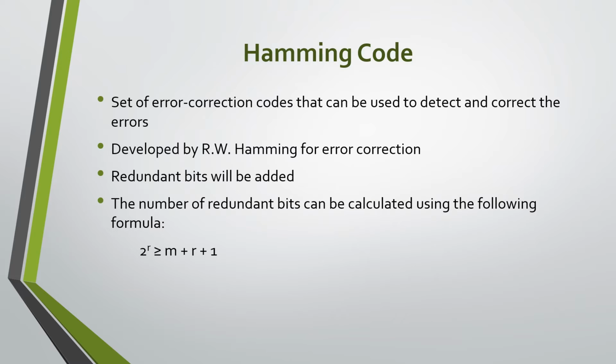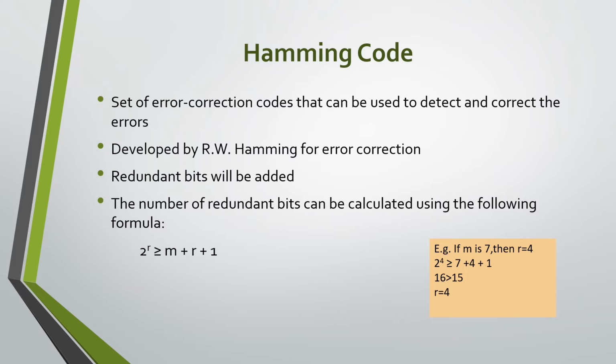This is the formula to calculate the number of redundant bits: 2 raised to r must be greater than or equal to m plus r plus 1, where r represents the number of redundant bits and m represents the number of data bits. Suppose m is 7, meaning the number of data bits is 7, then r should be chosen such that this formula is fulfilled.